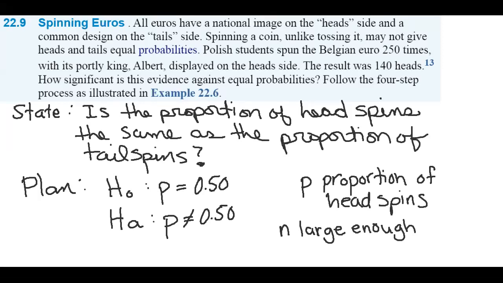If half of the 250 were heads, that would be 125 heads and 125 fails. So n is definitely large enough. This is our plan. We need a z-score then, and that will start our solving process.